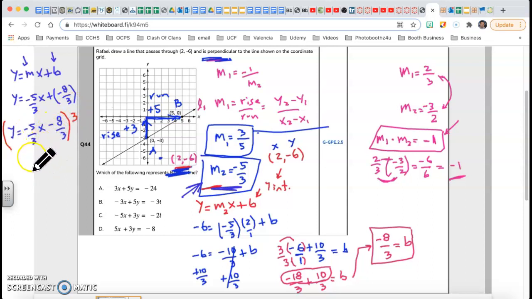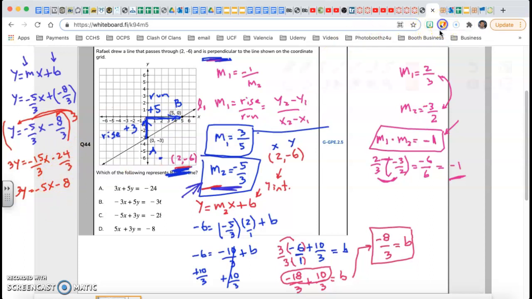Every single thing. 3 times y is 3y. 3 times negative 5 is negative 15 over 3x. 3 times negative 8 is negative 24 divided by 3. Let's simplify. 3y. Negative 15 divided by 3 is negative 5x. Negative 24 divided by 3 is negative 8.